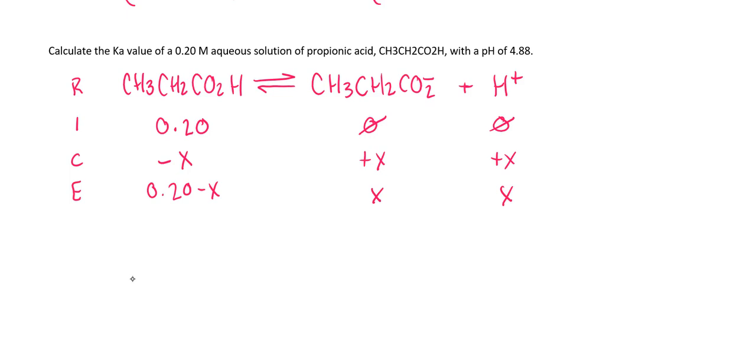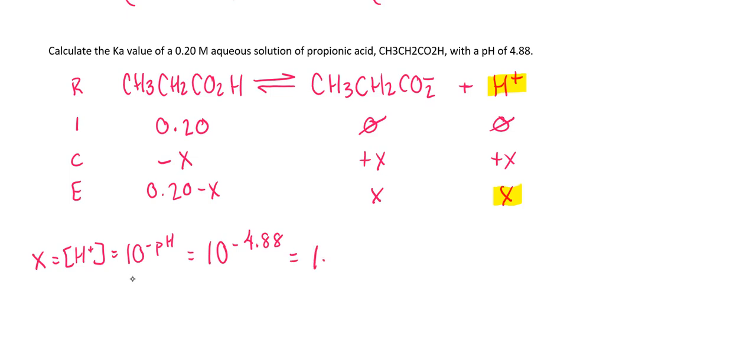Once we have our RICE table filled out, next step is to solve for x. And again, x is going to be equal to the concentration of H+. So again, we can use our equation. Concentration of those hydrogen ions is going to be equal to 10 to the negative pH. And this is also going to be equal to x. So the pH in the problem is given. It is 4.88.